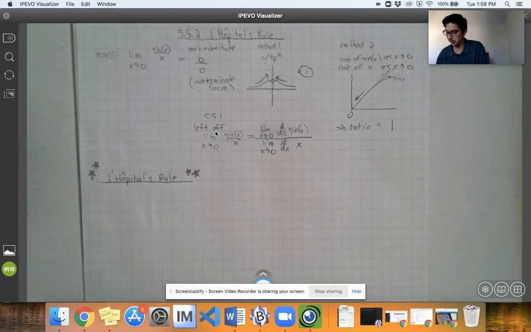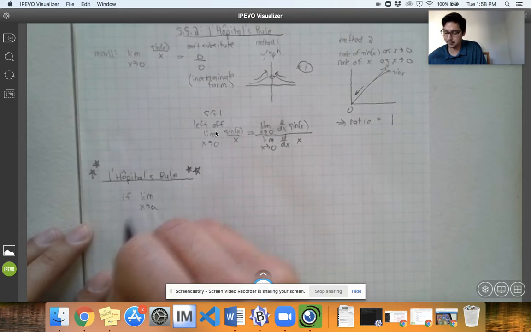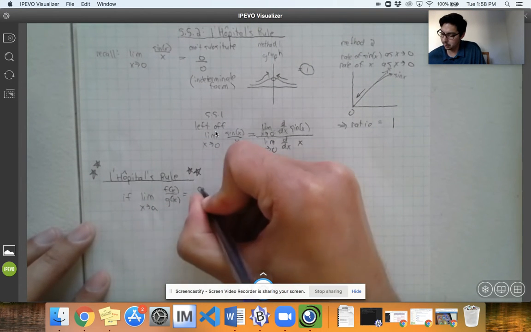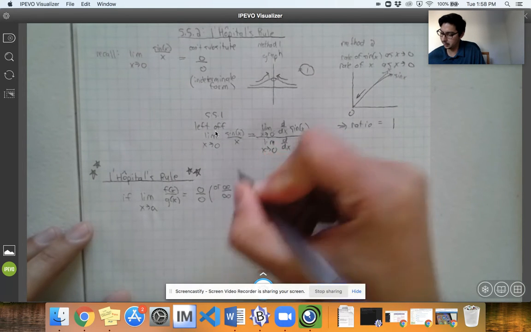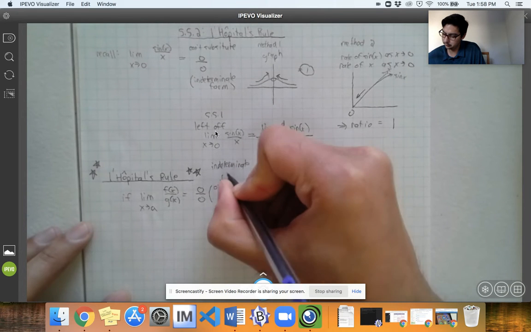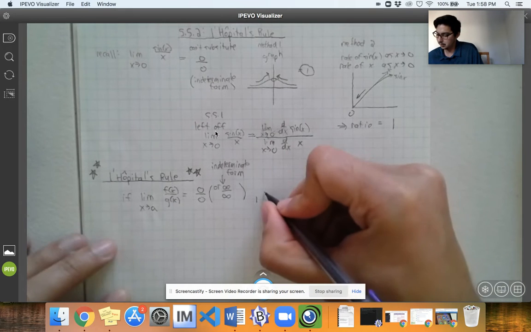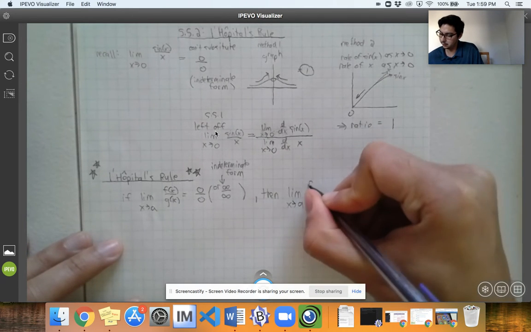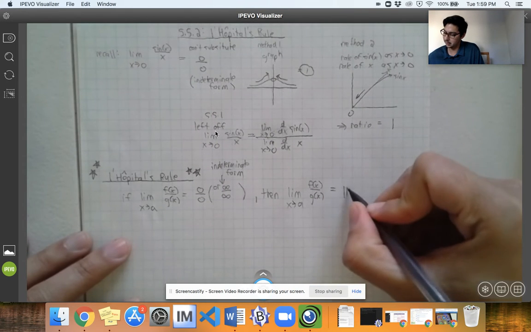What does L'Hopital's rule say? It says that if the limit as x approaches a, for some value a, of f of x over g of x equals 0 over 0, or infinity over infinity, which again is just some indeterminate form, then we can calculate this limit by doing the limit as x approaches a.